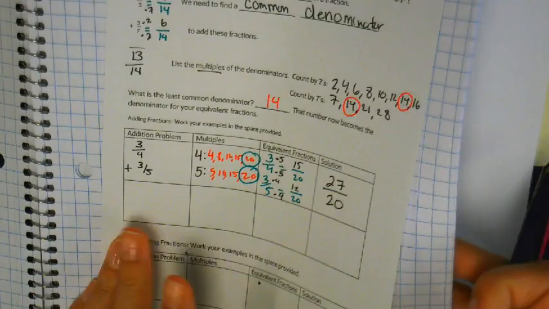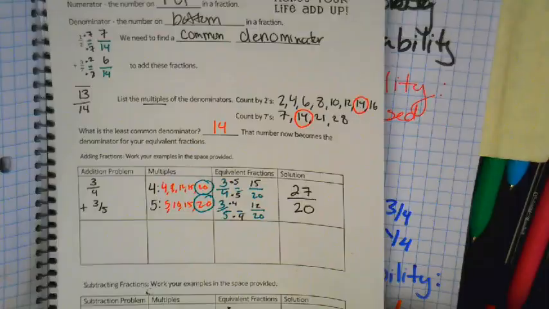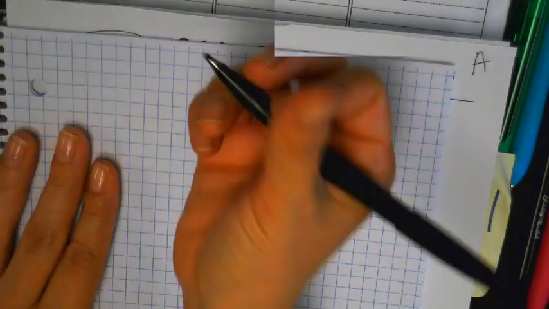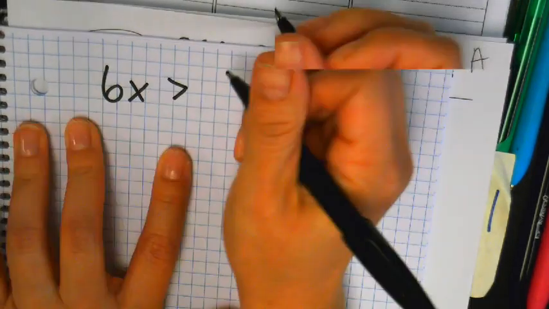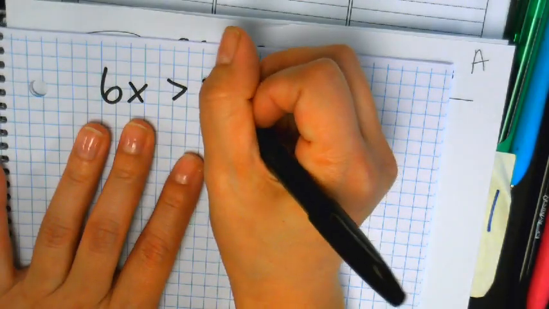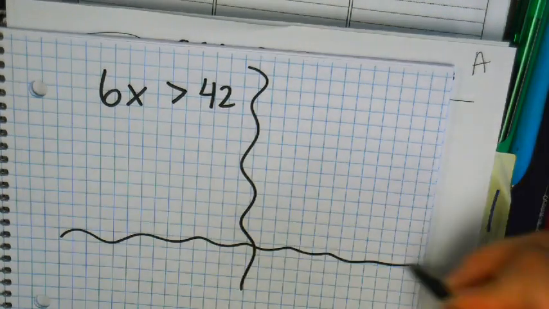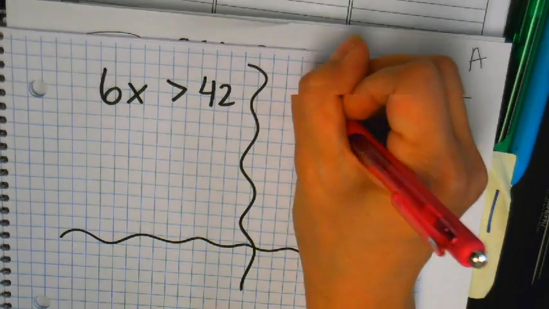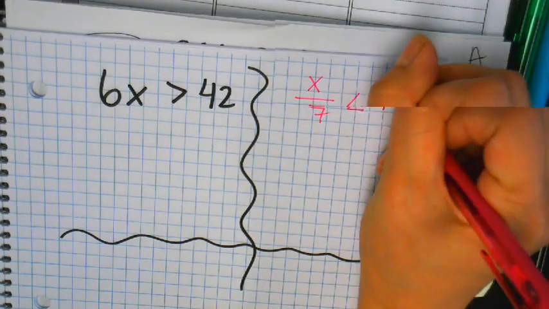All right, can I give you one of each problem? 6x is greater than 42. X over 7 is less than 12.